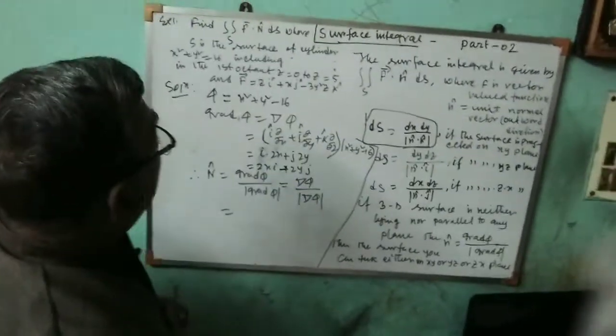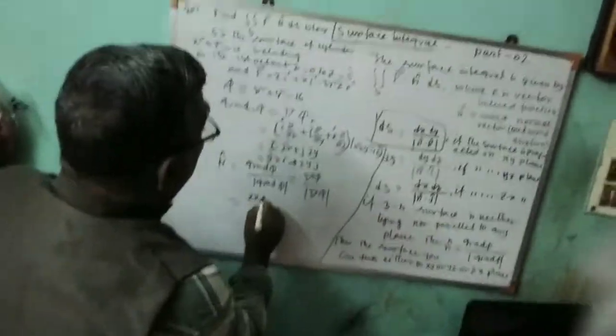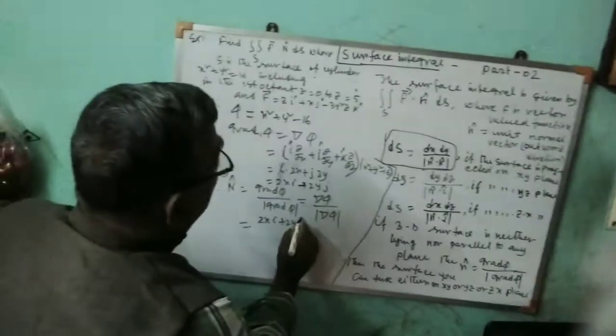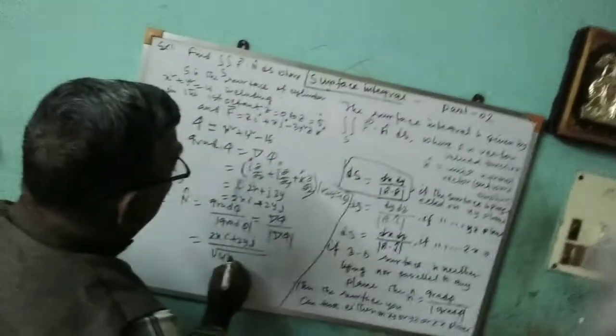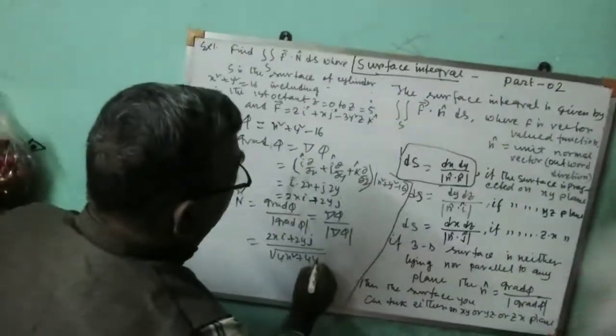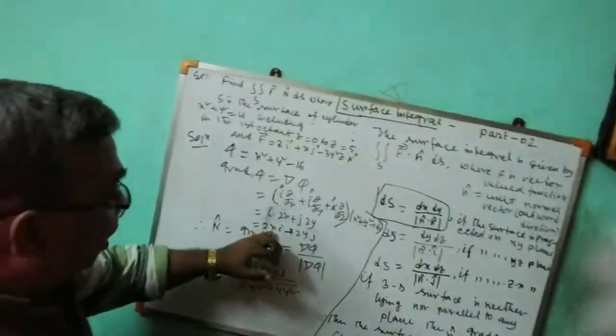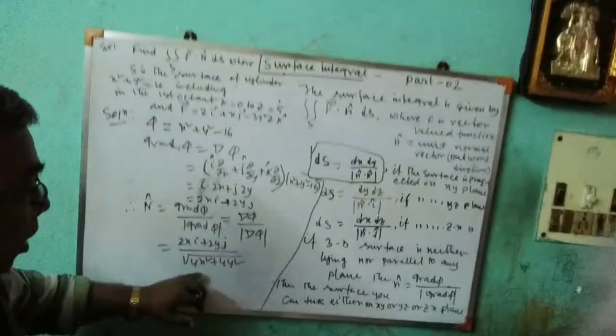That is grad phi, which is 2xi plus 2yj, divided by the root of the mod of this value, that is 4x square plus 4y square. As you know, the coefficient of i, squared, is 4x square, and the coefficient of j, that is 2y, squared, is 4y square.